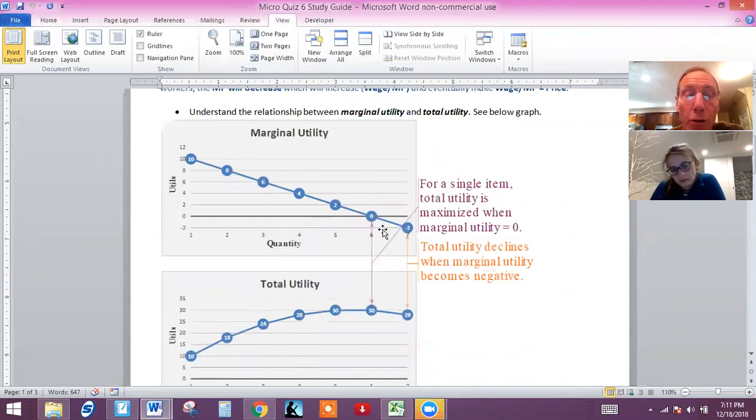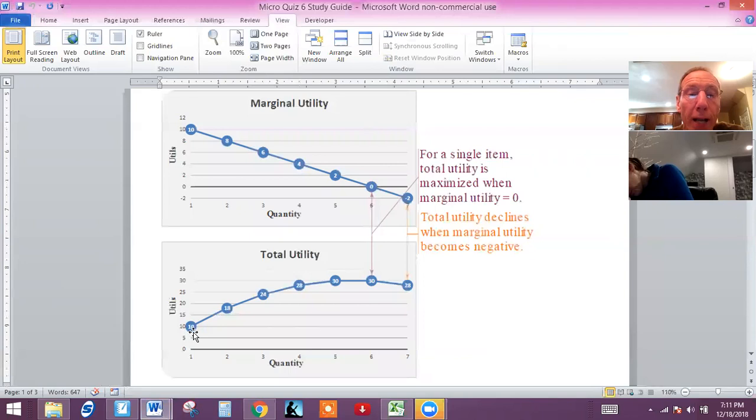Marginal is the change, right? So when we graph it, we're going from 0 to 10. So the total is 10. The change was 10, right? And then we're going from 10 to 18. So the total down here is 18. The change is from 10 to 18, so the marginal, or the change, is 8.